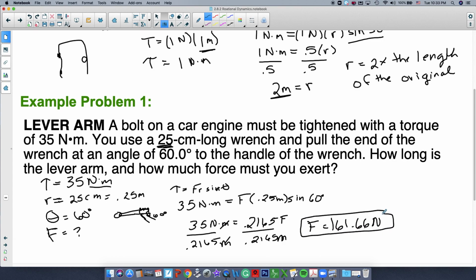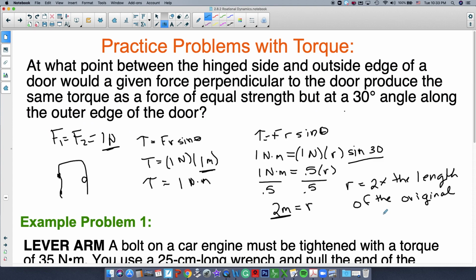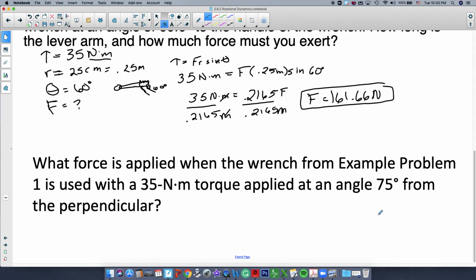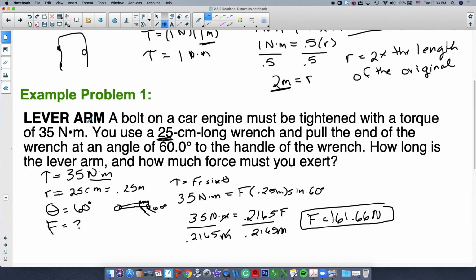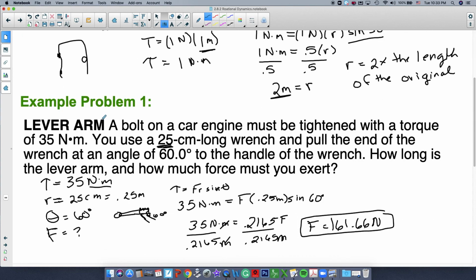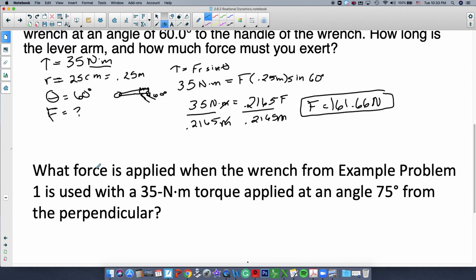Okay, so let's check out the last one here. So what force is applied when the wrench from example problem 1 is used with a 35 Newton torque applied at an angle of 75 degrees from the perpendicular? Okay, so example problem 1, so we're using that same wrench.